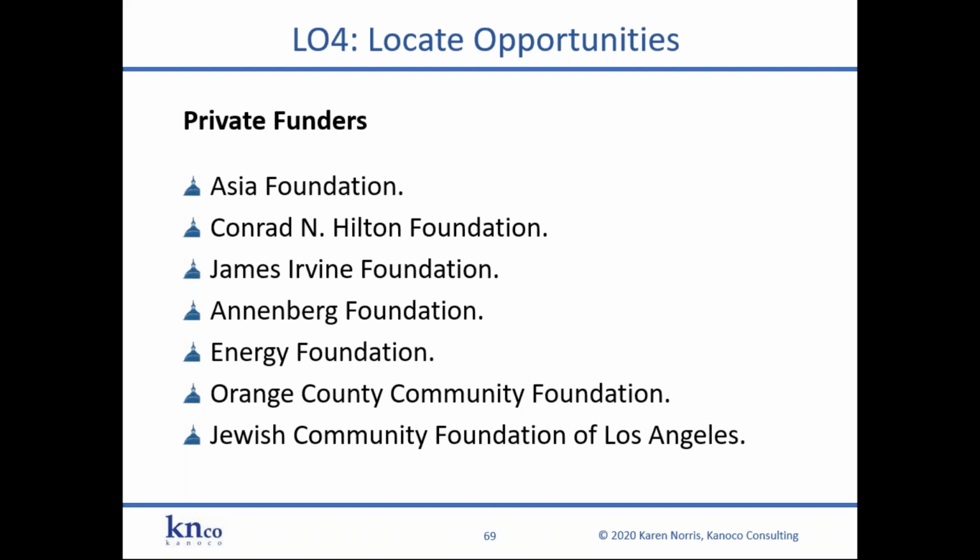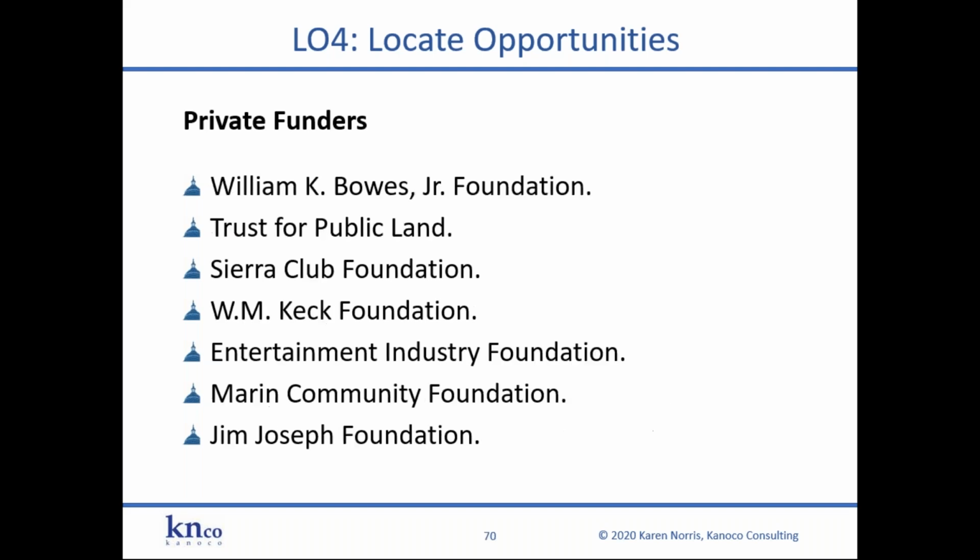They will award nationally, but they're in California. They would like to see some California applicants. The Energy Foundation, the Orange County Community Foundation. There's a Jewish Community Foundation of Los Angeles, and you could probably find other faith communities as well.